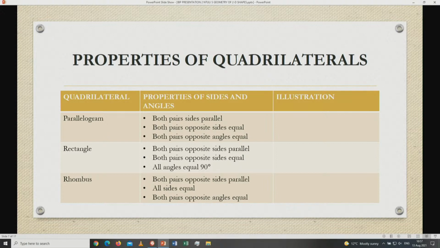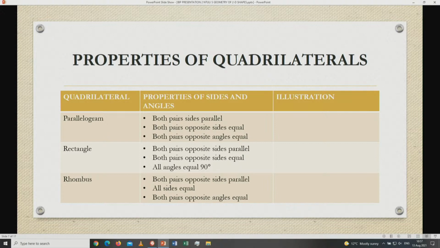Should you get them here and practice them and make sure you understand them, you will never ever experience any problem in grade 8, in grade 9, in grade 10 when we deal with properties of two-dimensional shapes under geometry. You will never ever get any problem solving, because these things are making these quadrilaterals. So we need to understand the properties.